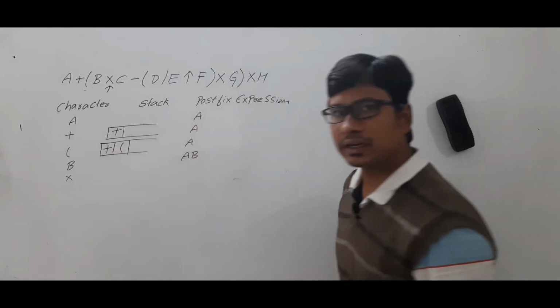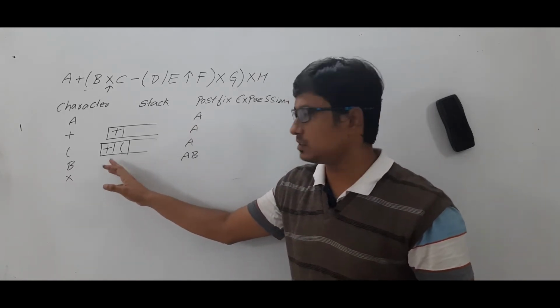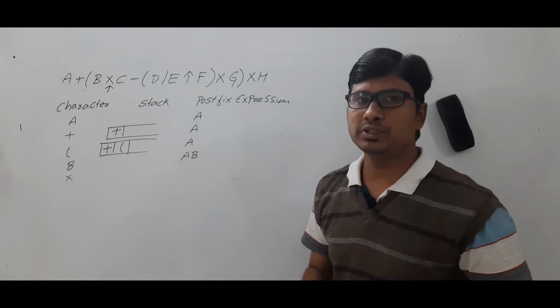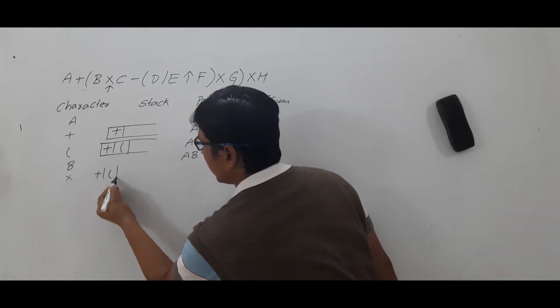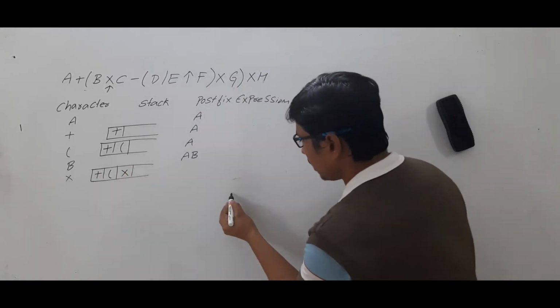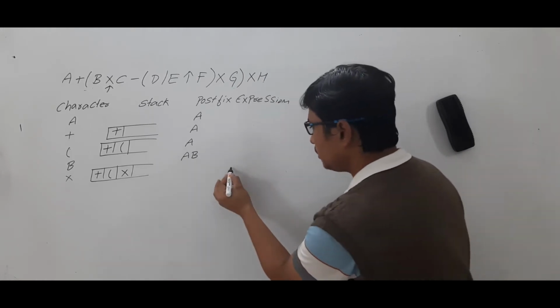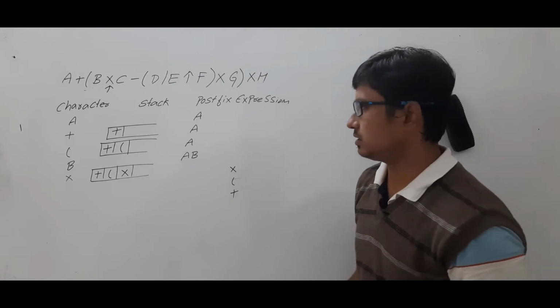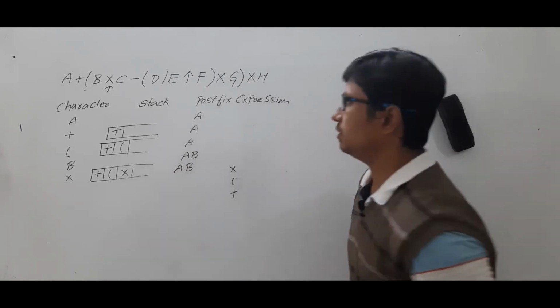If it is an operator and the top of the stack consists of an open parenthesis, then you need to push it into the stack. So if I push the multiplication, the stack will look like this. You have the bottom, you have the addition, then you have the open parenthesis, then you have the multiplication. Is it clear? Still the postfix expression is A and B only.